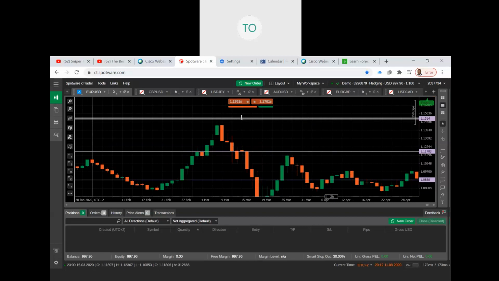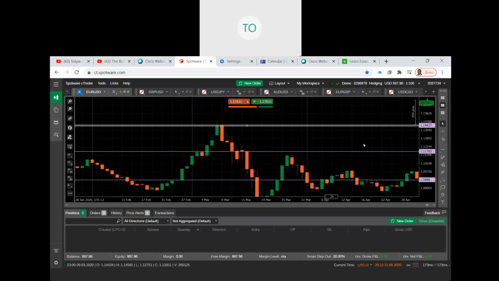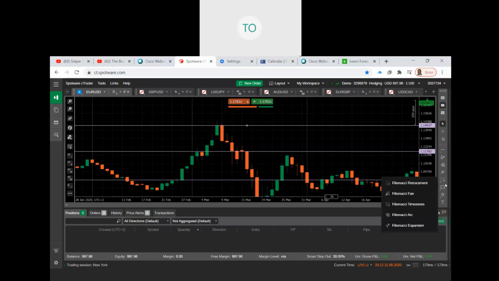The wick could be there. And that's why we're saying it's a zone. So you'll find in many newer platforms, they actually put a zone. By having a zone, it means, let me see if I can have a tool here.